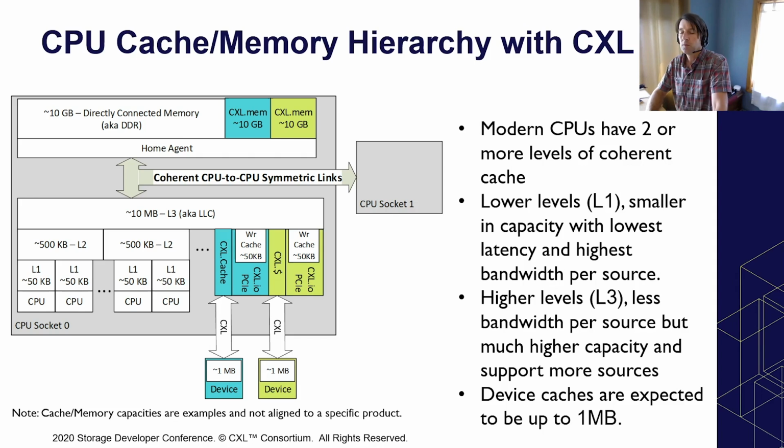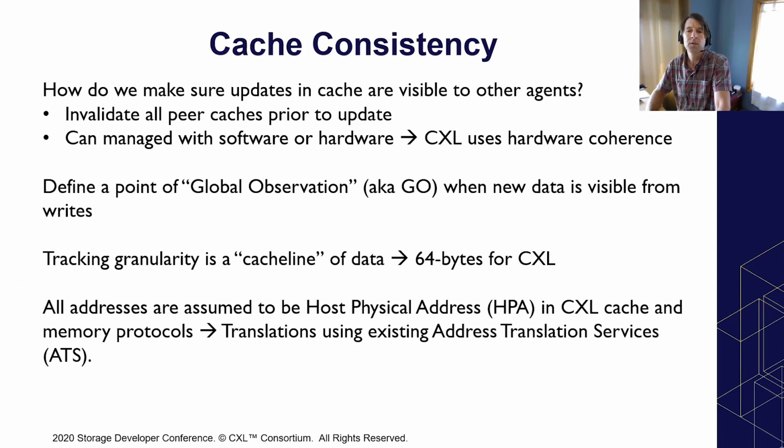All right. So next slide, cache consistency. Cache consistency is a concept where we need to make sure that updates that are done within the cache are visible to all other agents. So, how do we do that? The normal mechanism, when there's an update to a cache line, is that we invalidate all the peer caches prior to that update.